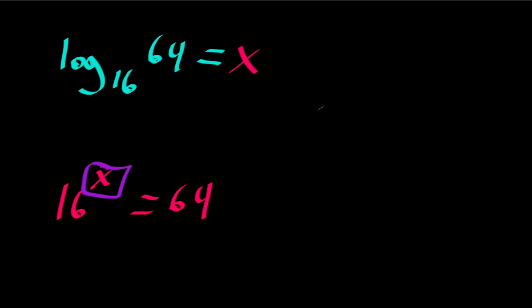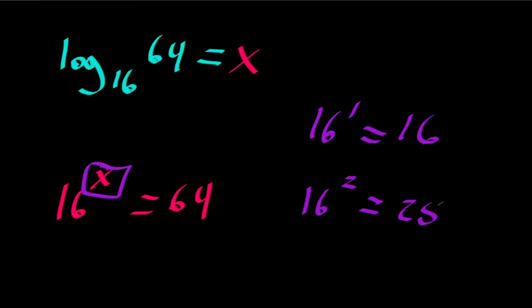Well, I would think, okay, 16 to the first, that's 16. 16 to the second, well, that's 256. There's an issue. 64 is right in between 16 and 256, which means 16 to the x power is going to have to be a number in between 1 and 2. And the issue with that is I'm going to have to think of a decimal or a fraction to figure that out.